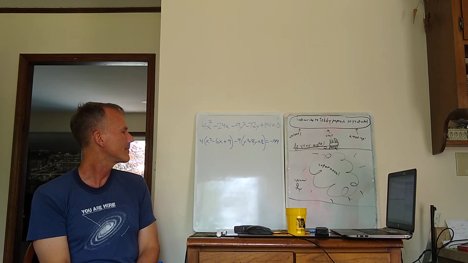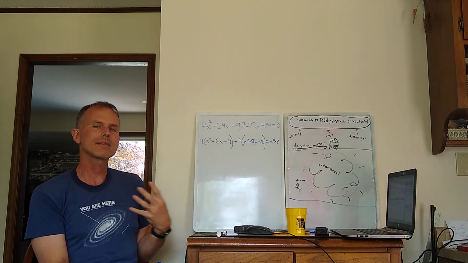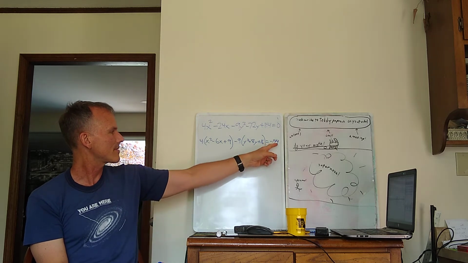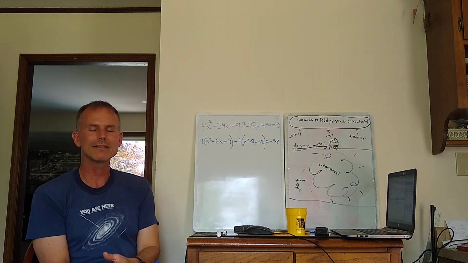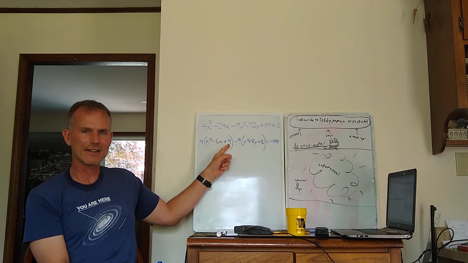I know what you're thinking. Wait a second, you just added something to the left side of the equation. In order to keep the equation balanced, don't you need to add the same thing to the right side? And you're absolutely right. I'm still not quite finished with this step. So I did put a plus 9 there.